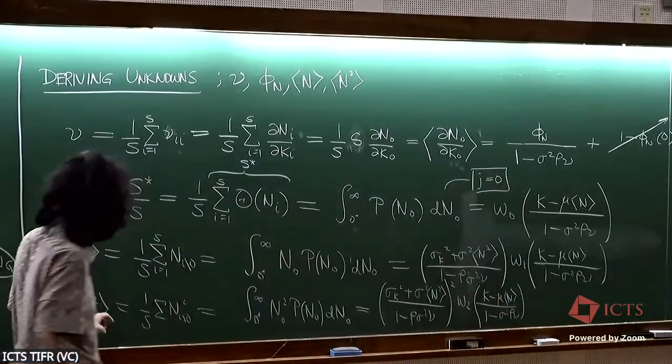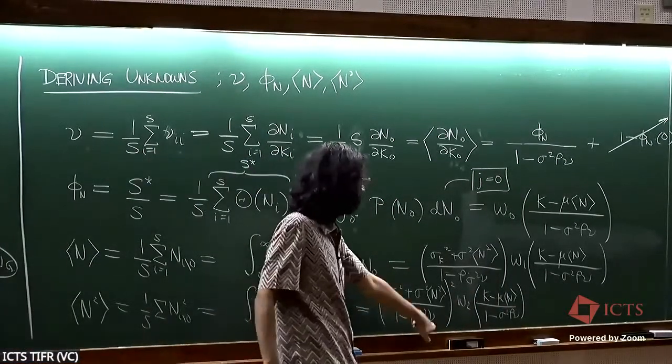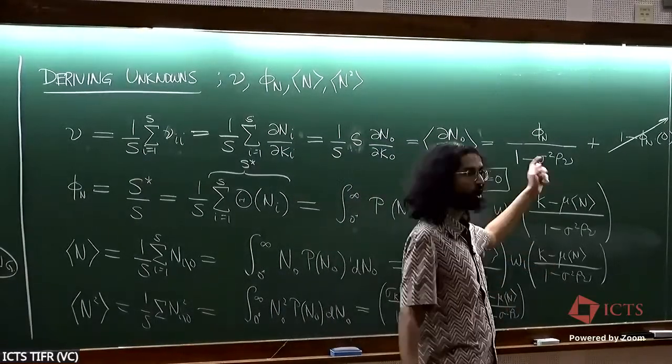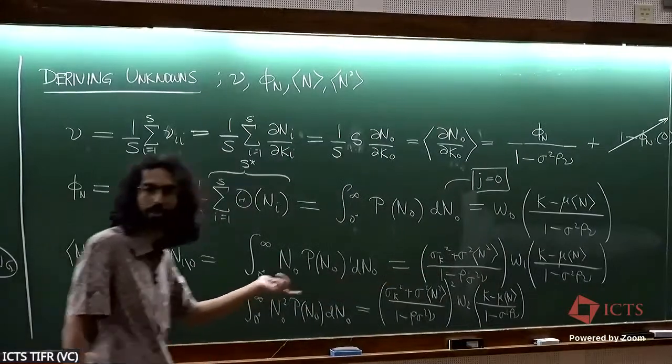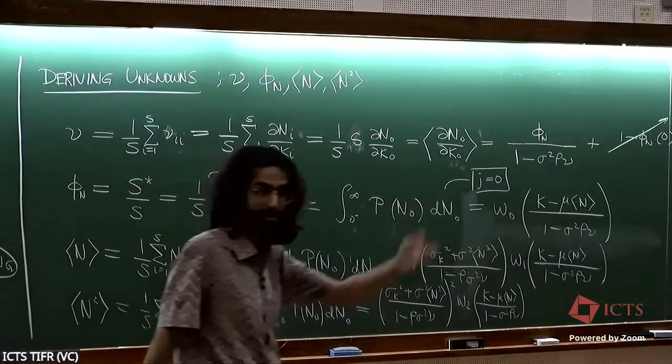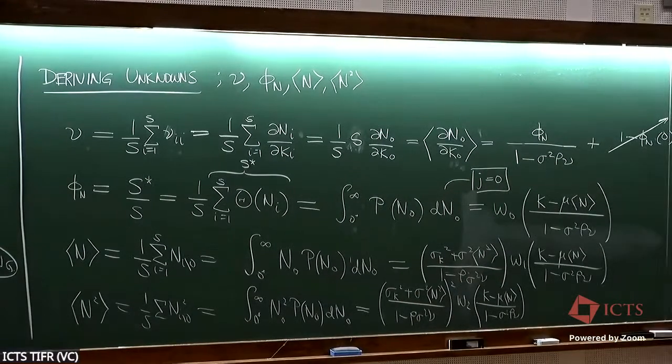You can clearly see this one involves nu, mean N squared, mean N, all of these involve some versions of these. So these are our four equations in our four unknowns that we were looking for. They should have a unique solution, hopefully, or at least one solution. How do we find it?